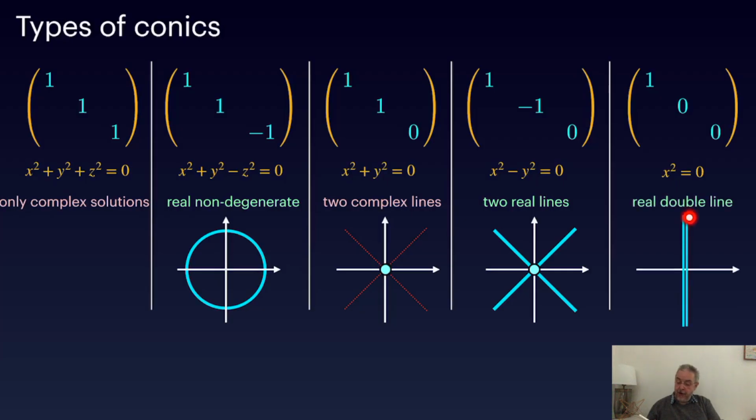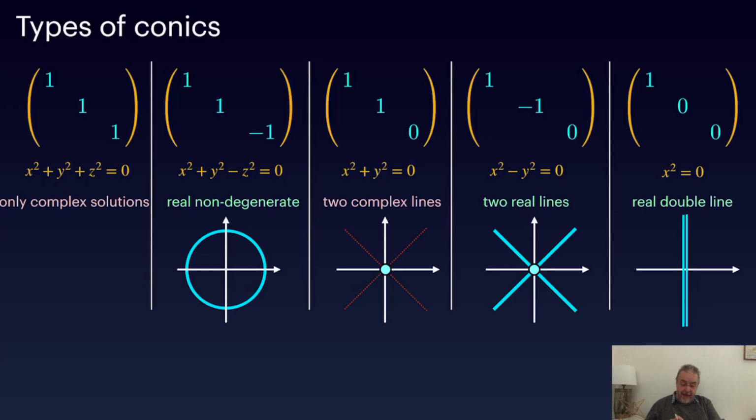It's a kind of constantly double solution of a quadratic equation on an entire line, and in that case this entire line is given whenever x equals 0, which means you have the y-axis in the standard embedding as a double line.